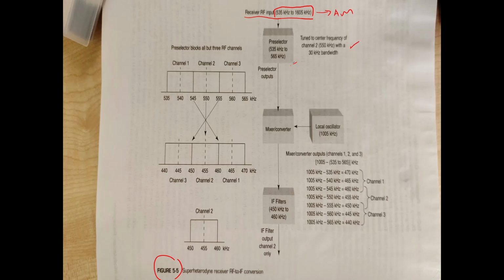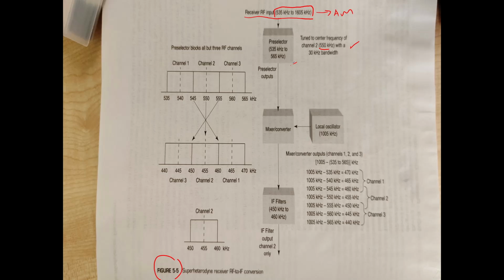Okay, for example, I want to listen to radio station 2. The frequency is 550 kilohertz. This tune circuit will tune to that frequency at 550. So when I tune at 550 kilohertz, that means the preselector will have center frequency at 550.